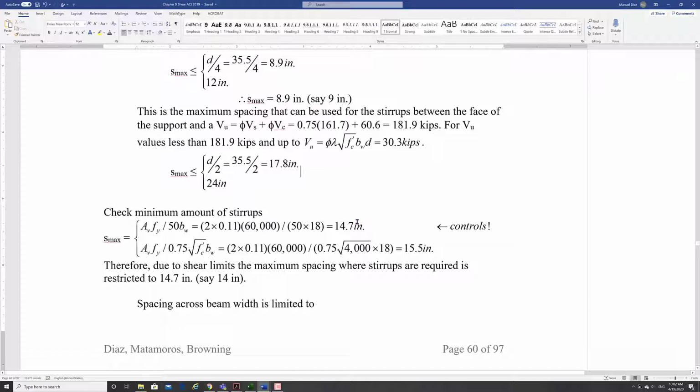So in this case, notice that due to these minimum requirements, the spacing where stirrups are needed within that area is not going to be 17.8 or 17 inches, it's going to be 14 inches. So in this case, as soon as you go below phi Vc, you can use a maximum, but it's limited to 14 inches.